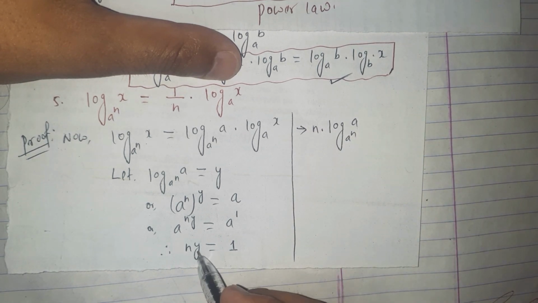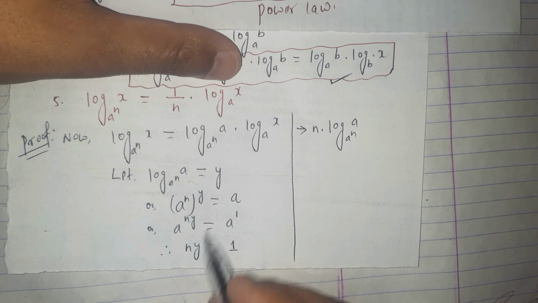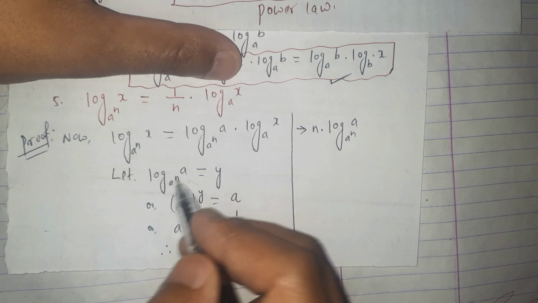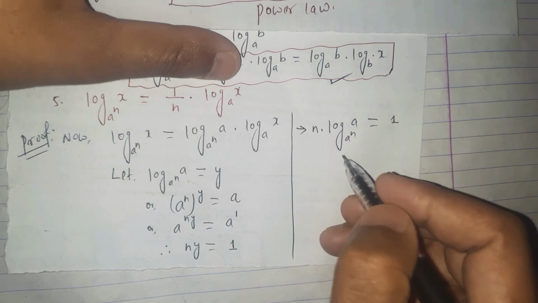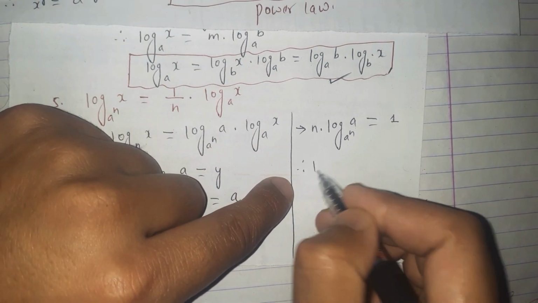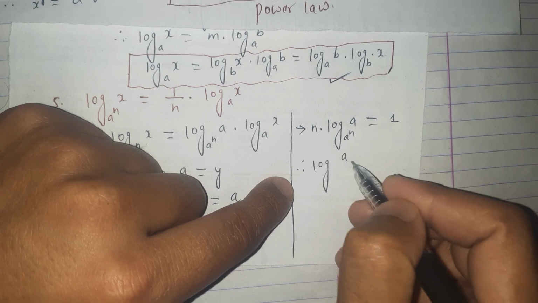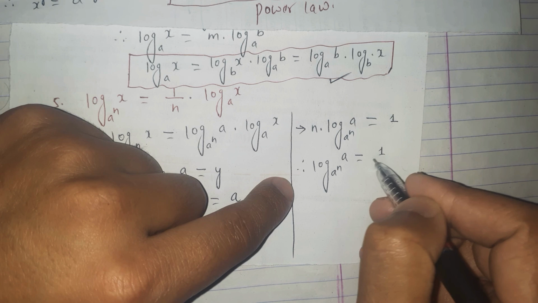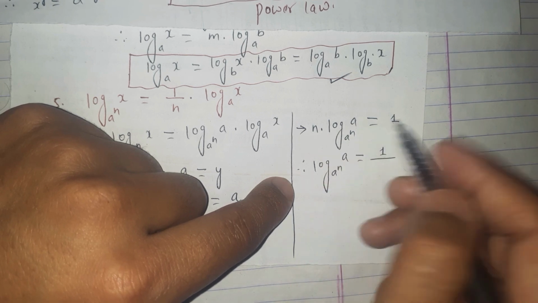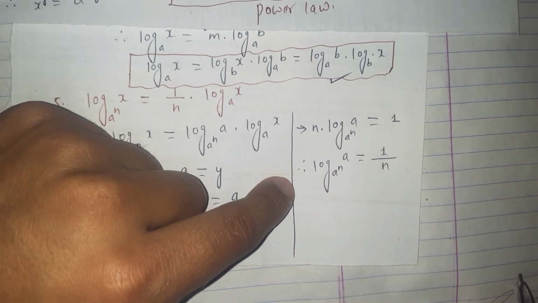By transposing n to the right hand side, we get 1 over n.